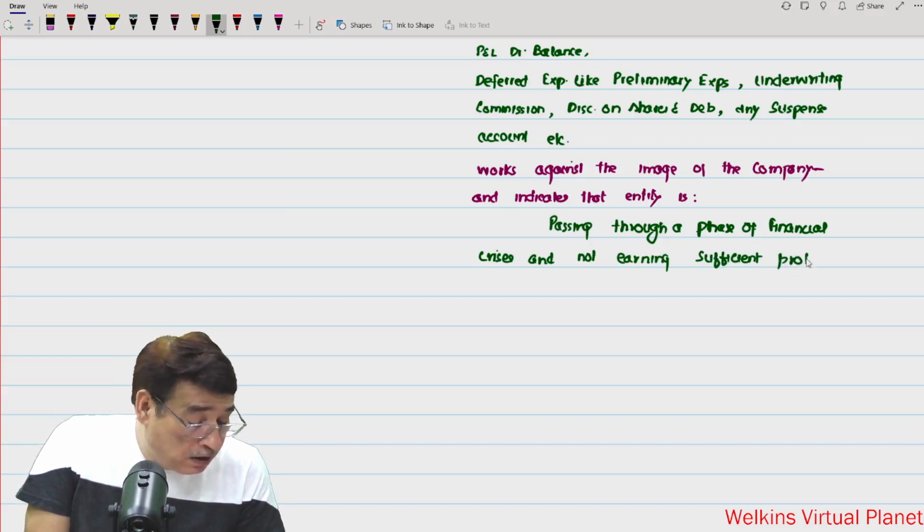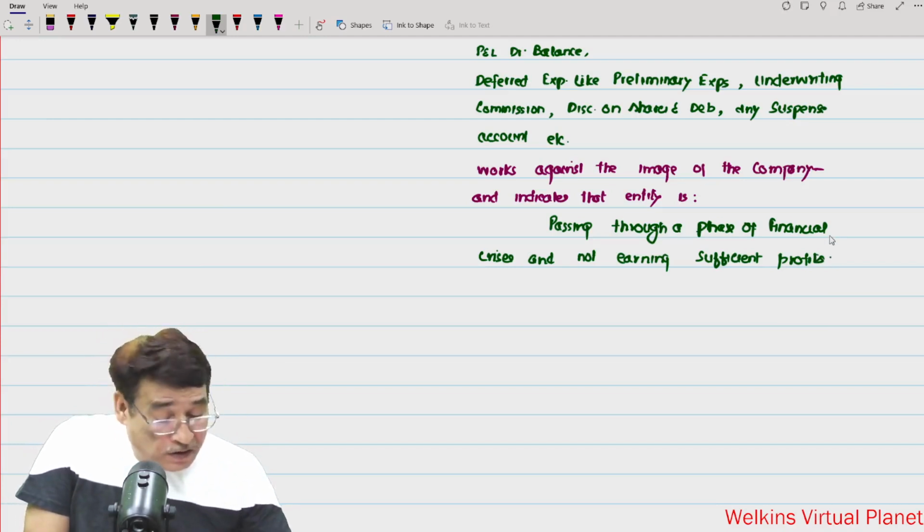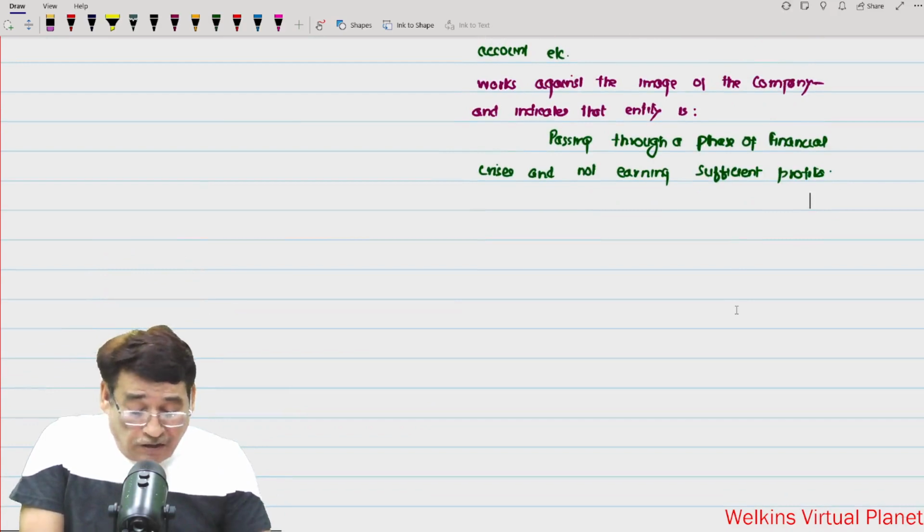So these are the two key factors which the presence of these items reflects.